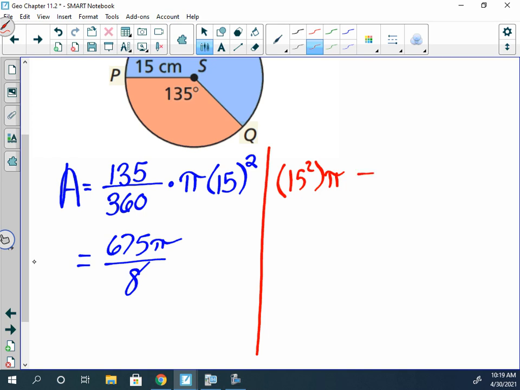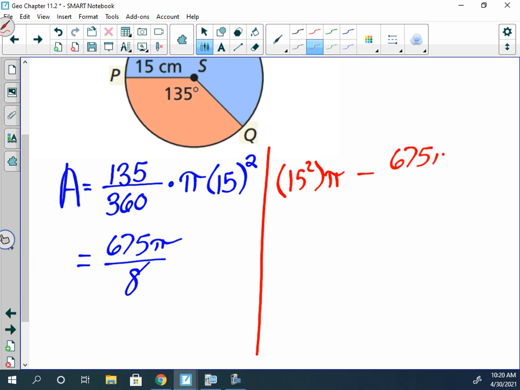So the two ways we can go about finding the other area is we could do the same formula we did to find the one in red, do 360 minus 135 to get the angle, and plug it in.